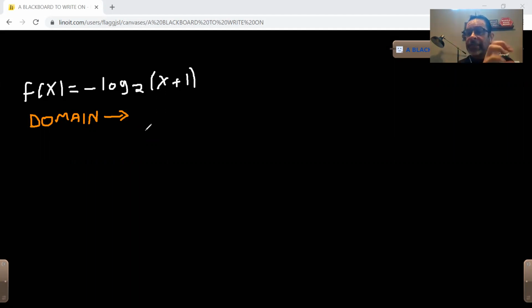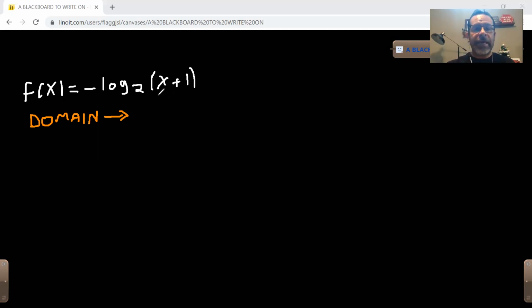In the case of a function that has an even root, whatever's inside the even root cannot be negative. Here is something very, very important: there's another restriction that we're going to add with logarithms. The domain of the logarithm, because it's a one-to-one function and the inverse of the exponential, was numbers from 0 to infinity. So a logarithmic function has the same restriction as an even root.